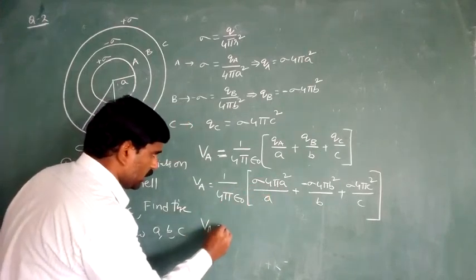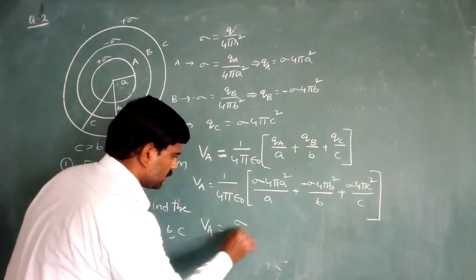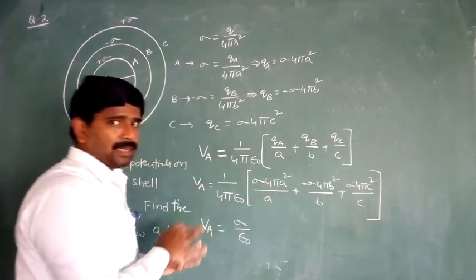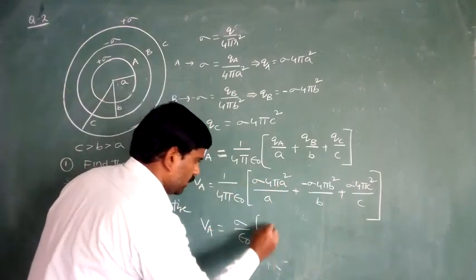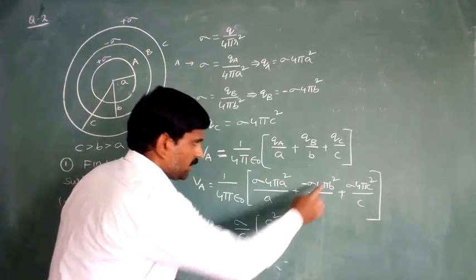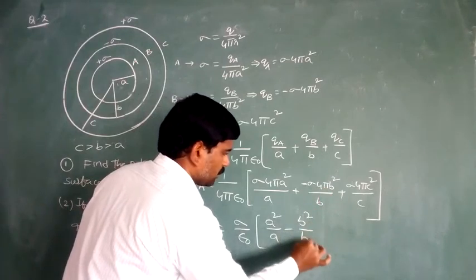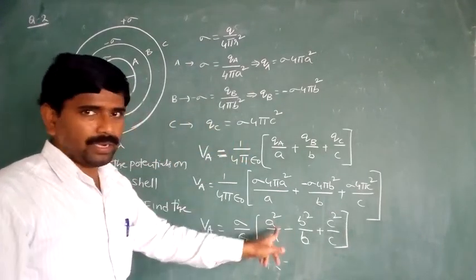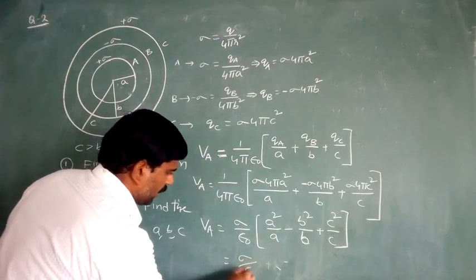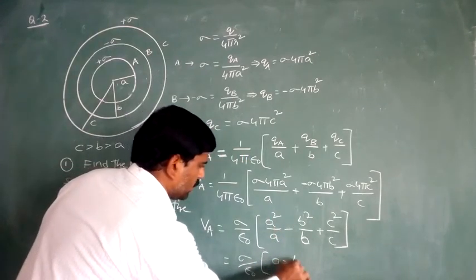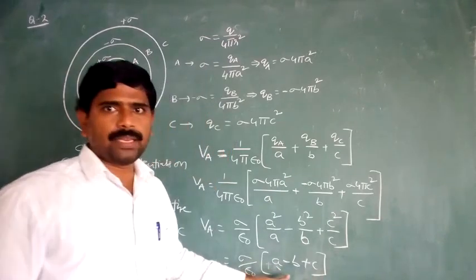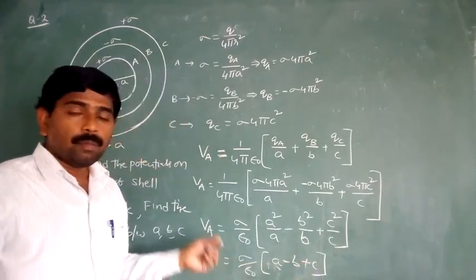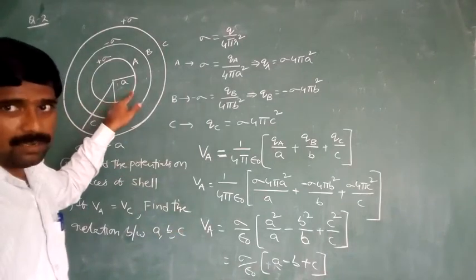Therefore, VA is equal to sigma by epsilon naught into A square by A minus B square by B plus C square by C. Here one A cancels, so that is equal to sigma by epsilon naught into A minus B plus C. This is the potential on the surface of the first shell, VA.